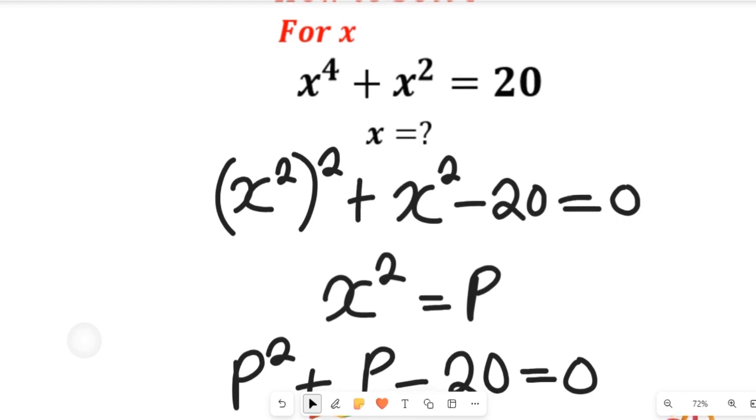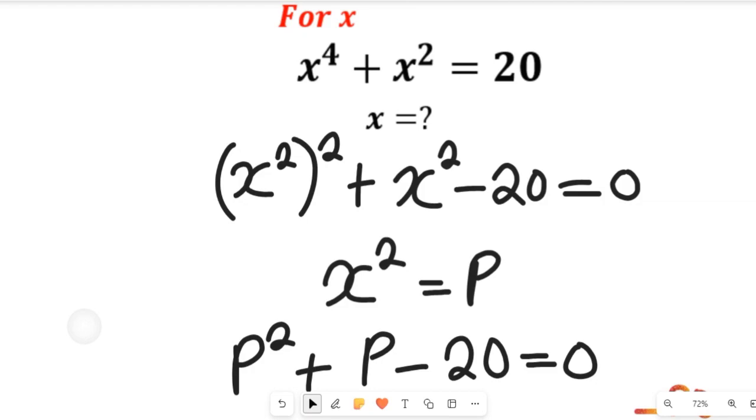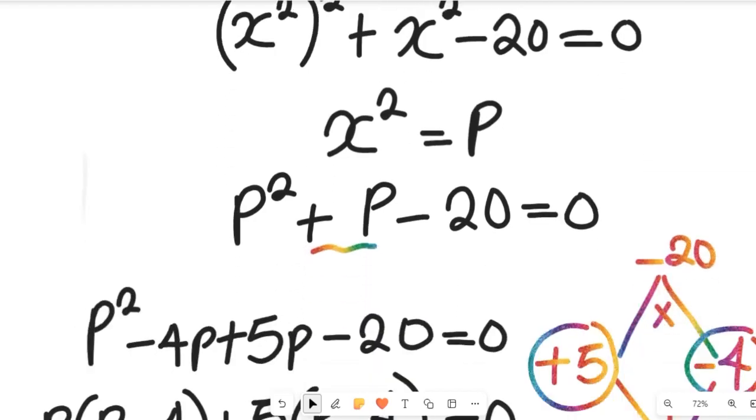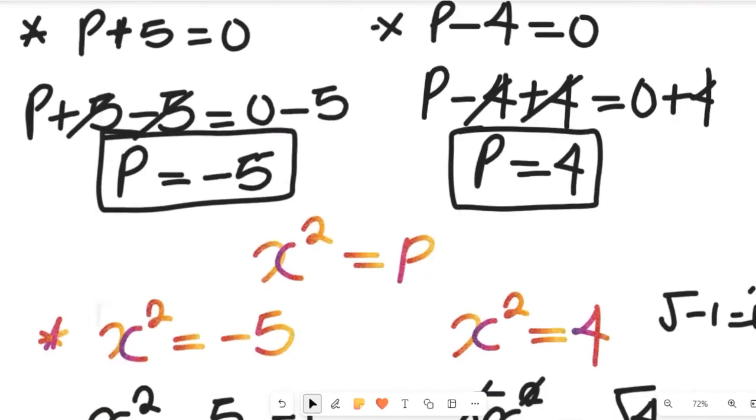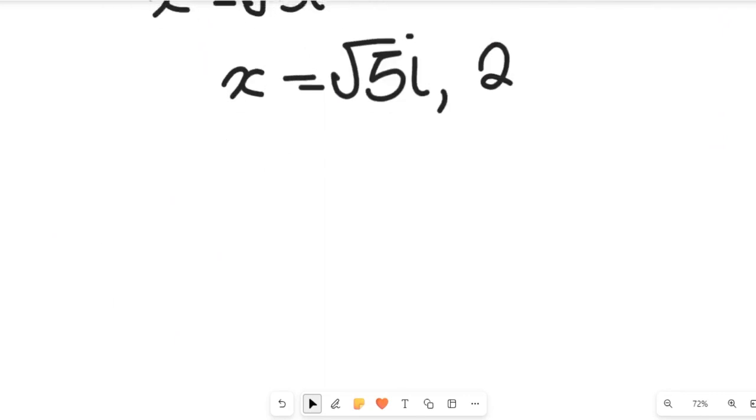Now let's check to see if the solution is right. x to the power of 4 plus x to the power of 2 equal to 20. If we insert the value x equal to 2, will it give us that solution?